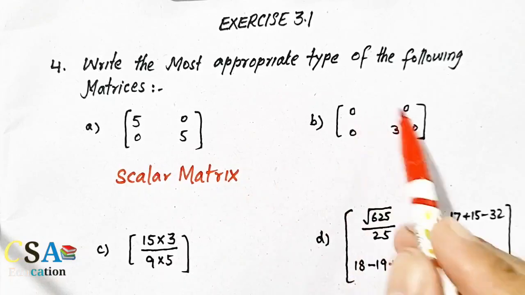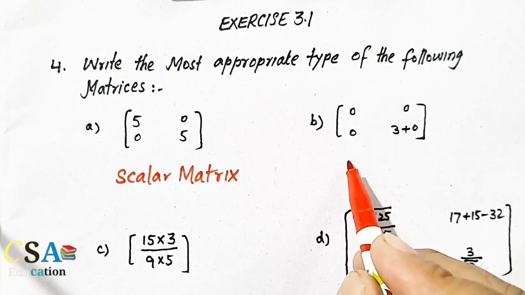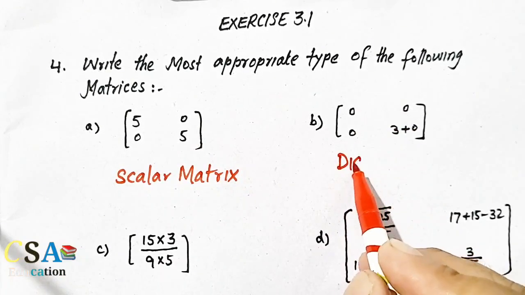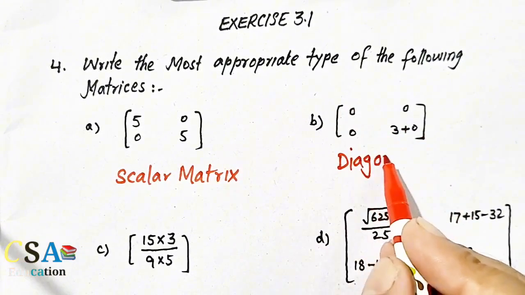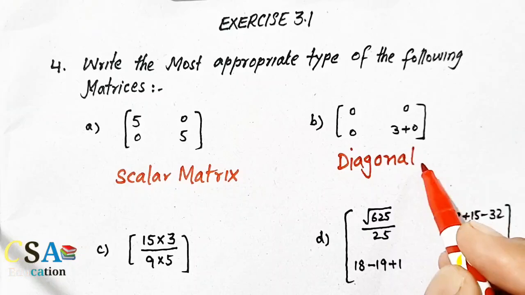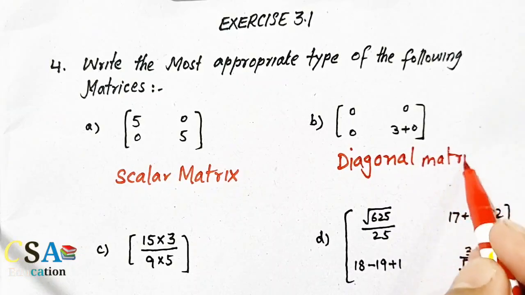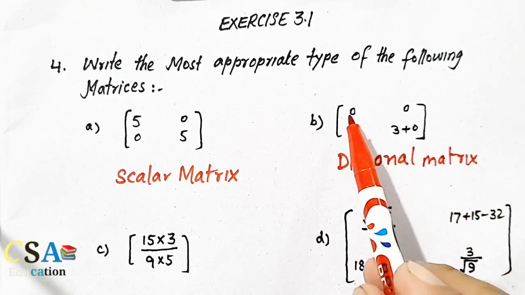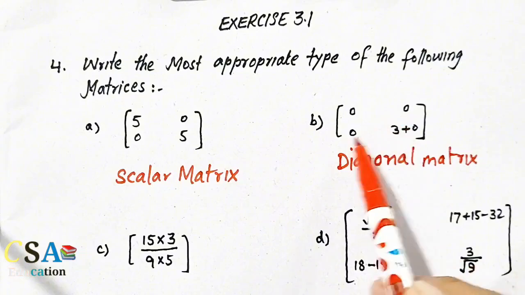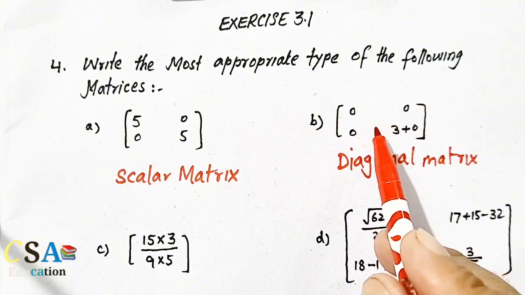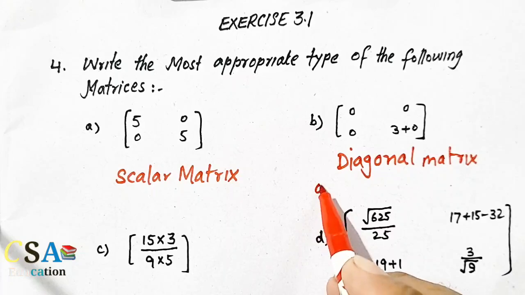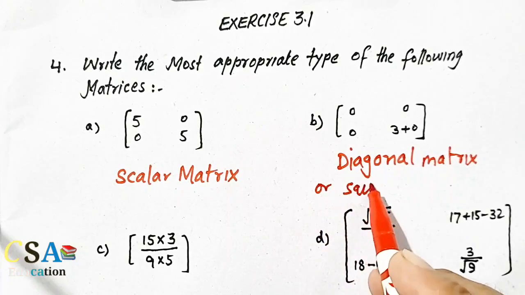So this is a diagonal matrix because numbers are not same, so we can call it diagonal matrix. Or you can also write it as number of rows are 2 and number of columns are also 2, so its order is 2 by 2, which is also called a square matrix.